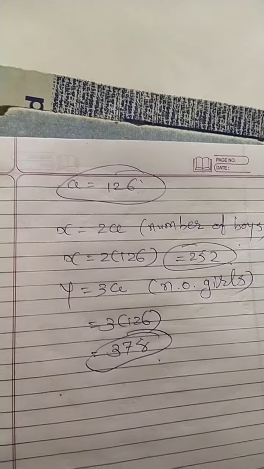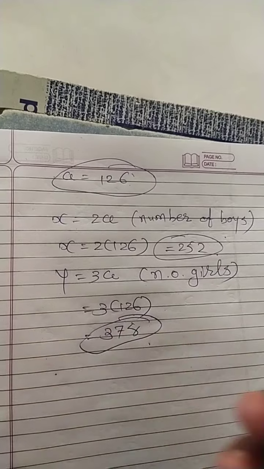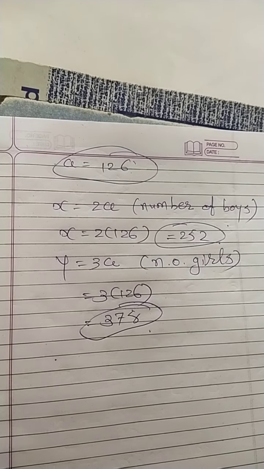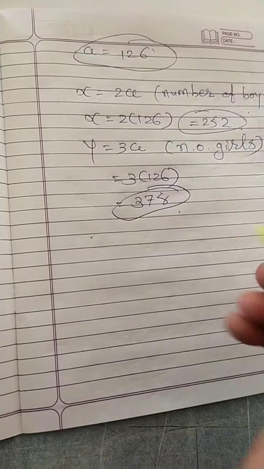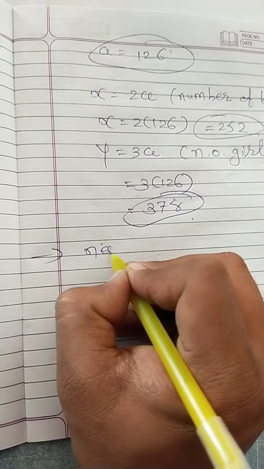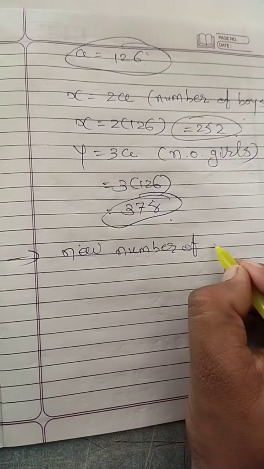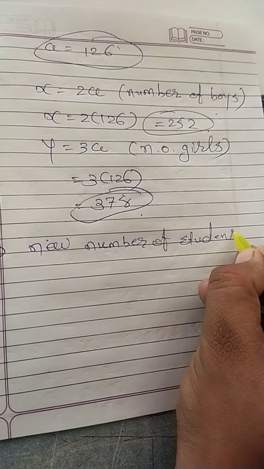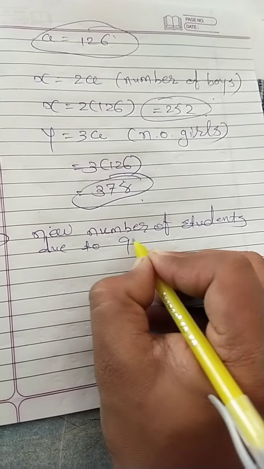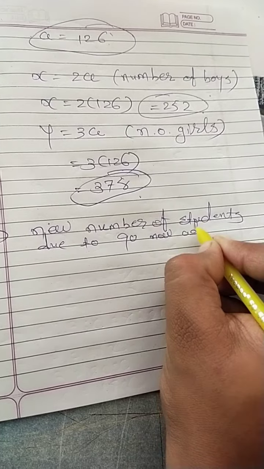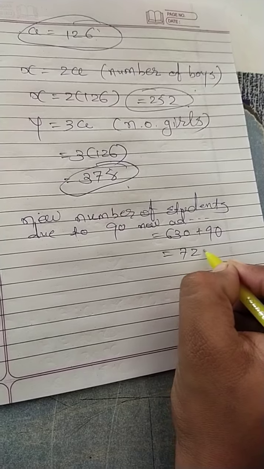Okay, now the question ahead. It is given that the ratio changes to 7:5 after admission of 90 new students. So now the new number of students, due to 90 new admissions, will be 630 before plus 90, which is equal to 720 now.